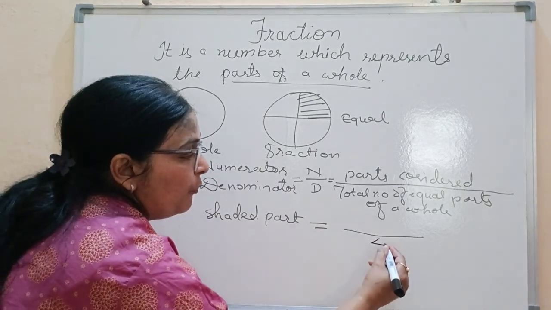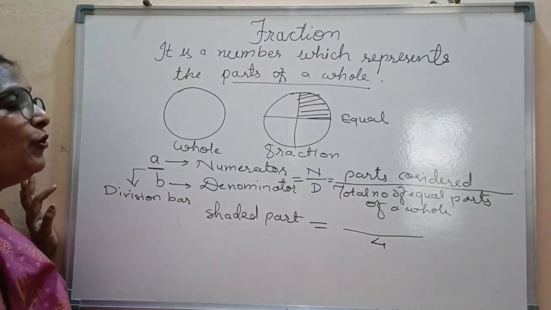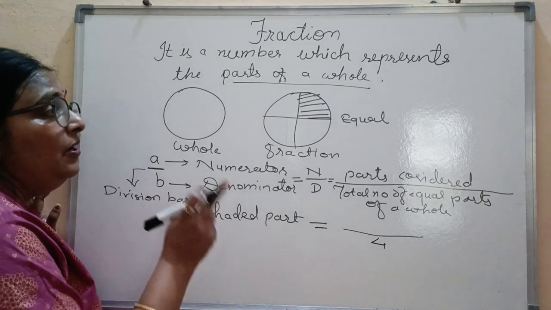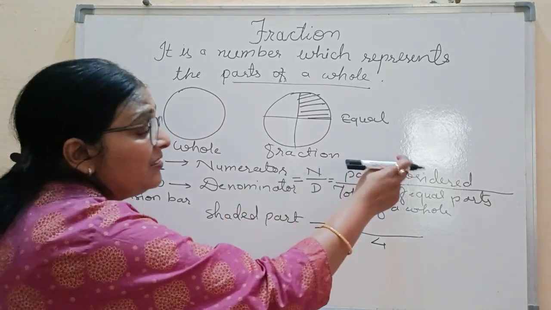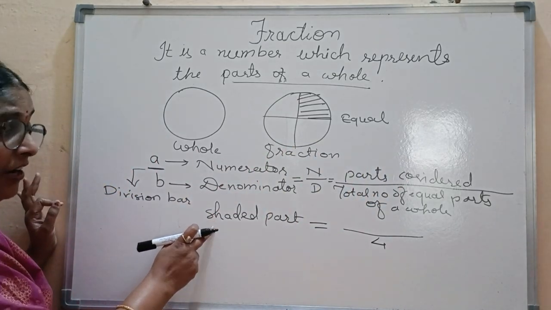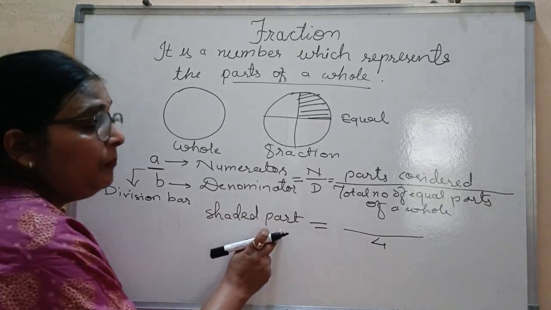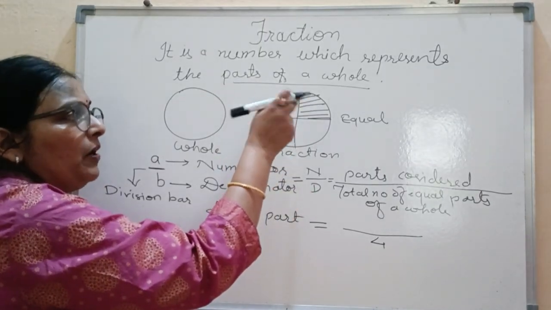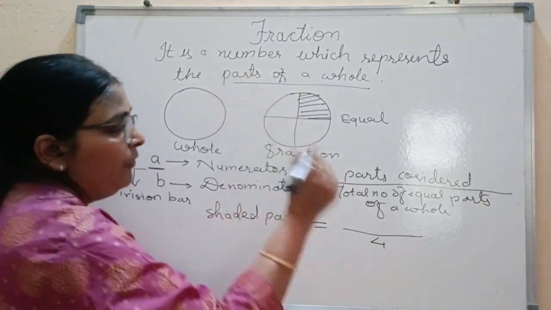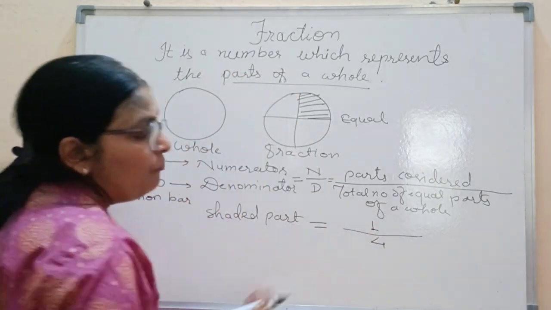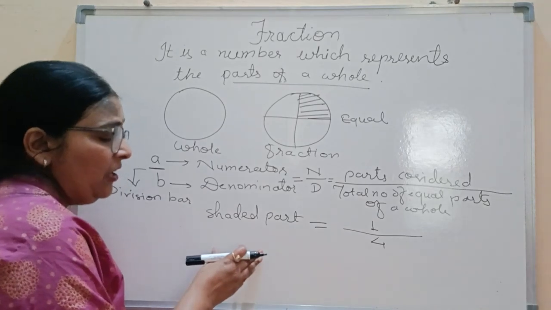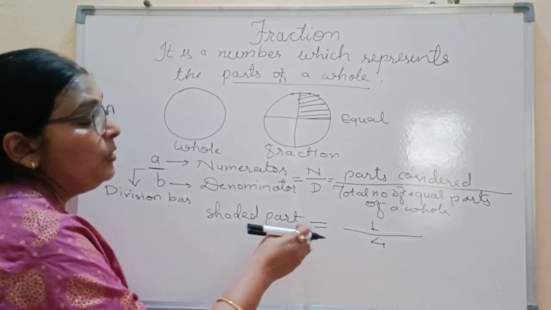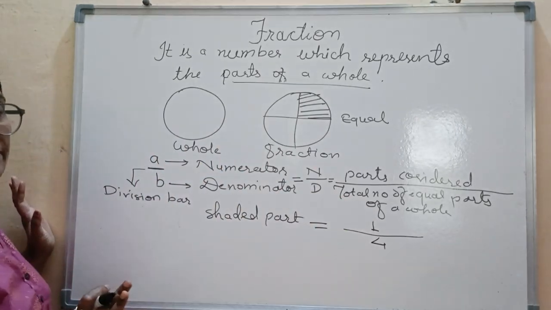So I am writing 4 in the denominator. What will you write in the numerator? Parts considered. Now you are writing the fraction for the shaded part, so consider only the shaded part. How many shaded parts are here? Only 1. So I will write 1 here. So your fraction for the shaded part will be 1 by 4.